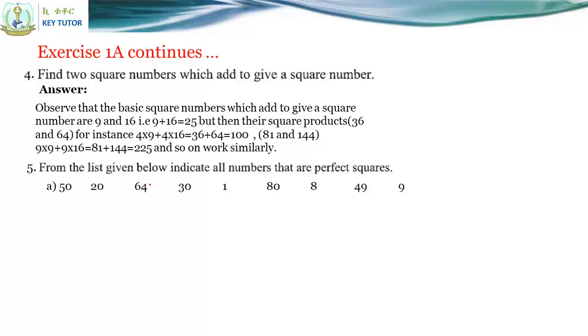Had these numbers been perfect squares, they should have ended in 2 zeros. 64 is a perfect square, which is 8 squared. 30 is not. 1 is a perfect square. 80 is not. 8 is not. 49, yes, it is a perfect square. And 9 is a perfect square.